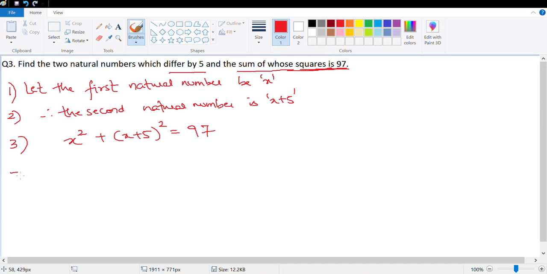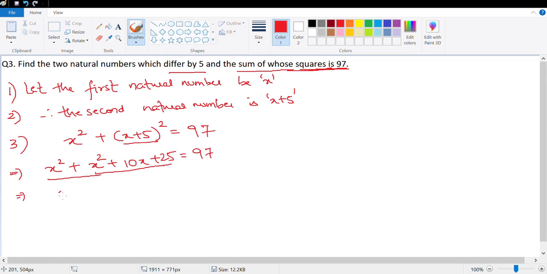Now we need to open the bracket and form a quadratic equation. So x squared plus x squared plus 10x plus 25 is equal to 97. This is in the form of a plus b whole squared: a squared plus 2ab plus b squared.